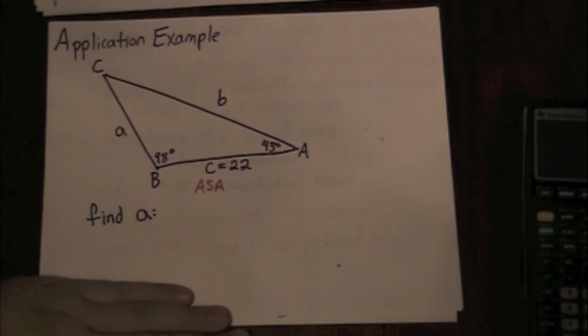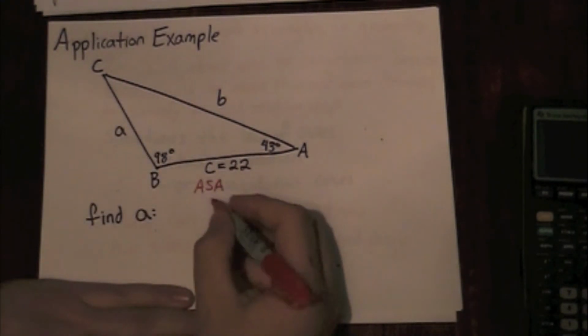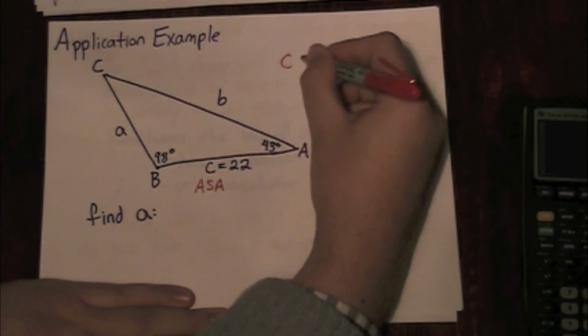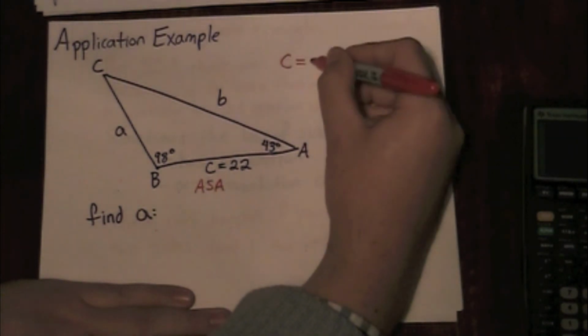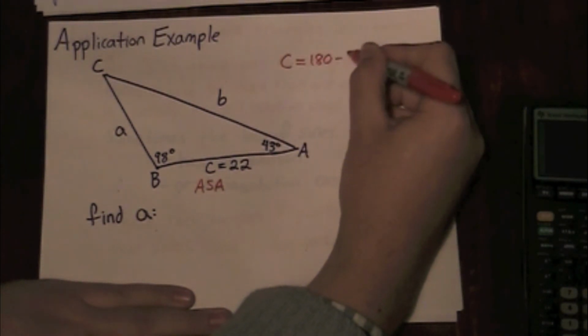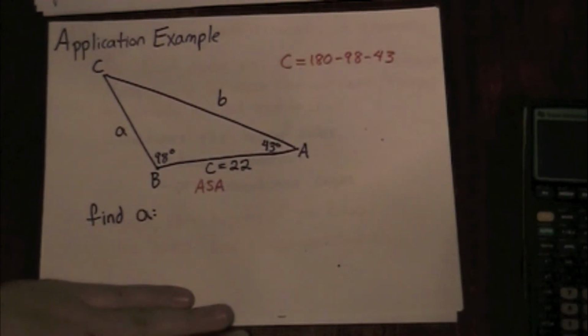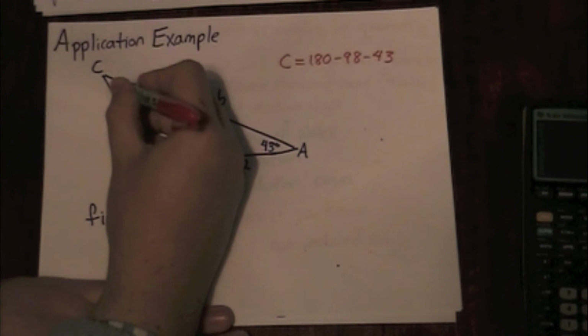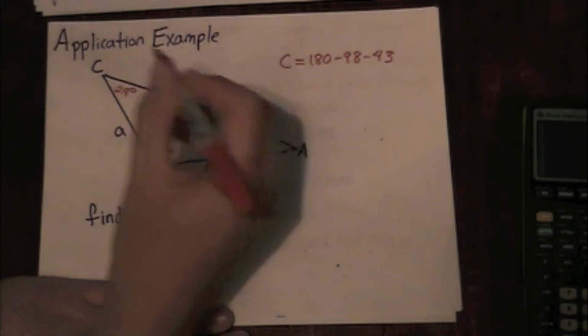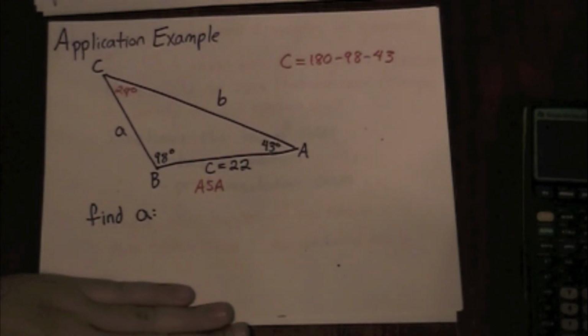And in fact, if I look for the third angle, I can do the same thing, where angle C has a measure equal to 180 minus 98 minus 43. 180 minus 98 should be 72. Minus 43 should take us down to 29 degrees. Awesome. We can begin to solve for this thing.